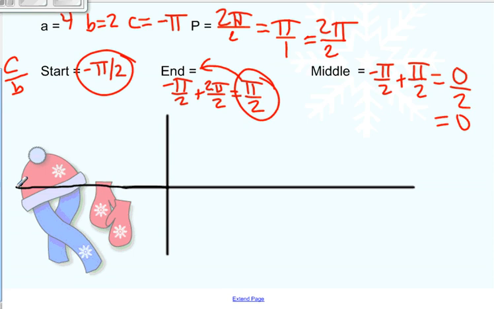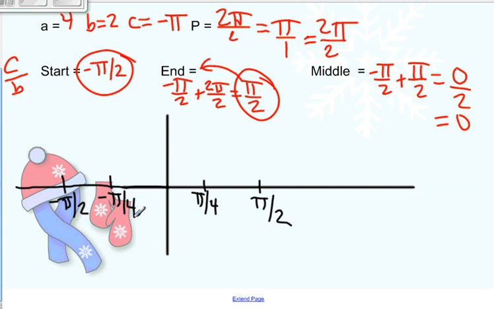So I'm going to have negative pi over 2 out here and pi over 2 over here. 0 is my middle. So if I cut pi over 2 in half, or multiply by half, I just get pi over 4. Okay, so again, on this side, I'm doing the same thing. I get negative pi over 4. And then 0 is included in my graph this time.